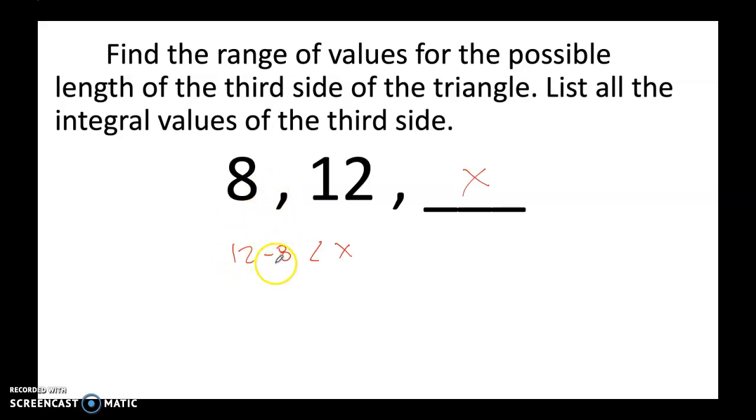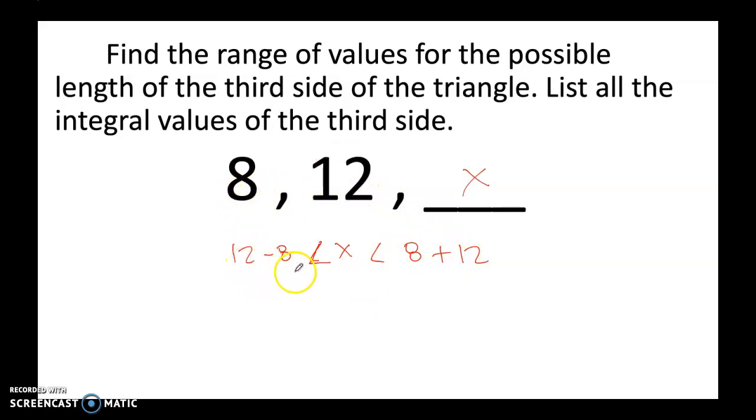So 12 minus 8. But it should be less than the sum of the given measures, which is 8 plus 12. Again, the third side should be greater than the difference of the two given measures, but less than the sum of the two given measures.